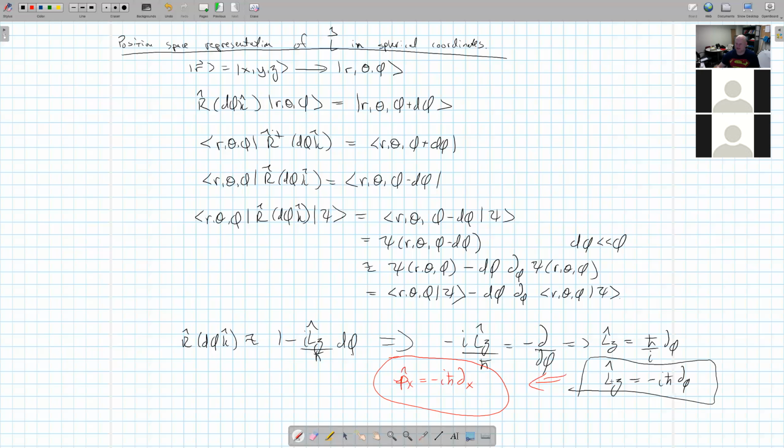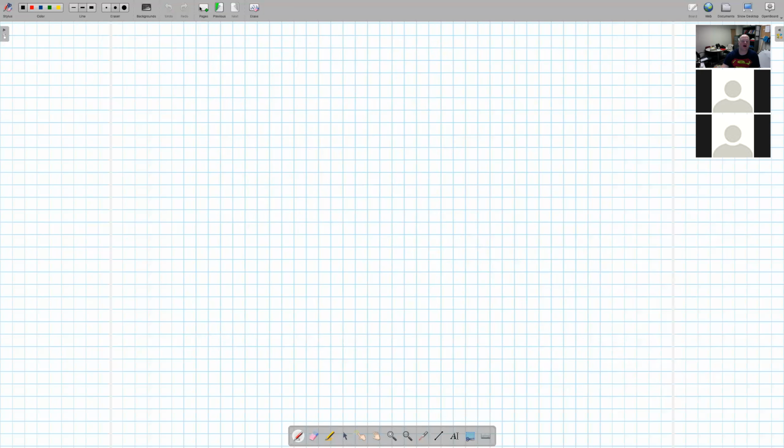Now, since this thing here has nothing to do with position, what we can do is look at only the spherical parts of our simultaneous eigenstates, which means that if we project this onto position space in spherical coordinates, we get r, theta, phi, Lz, L m.